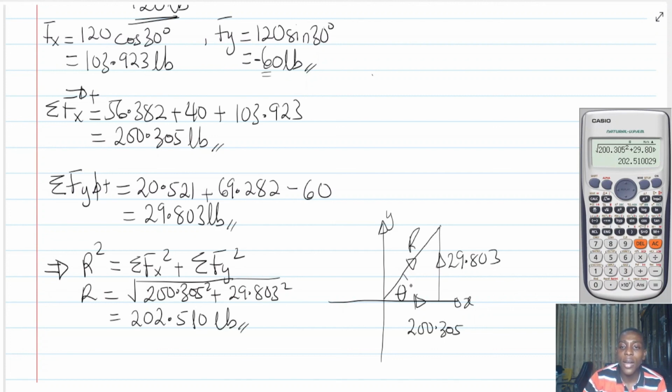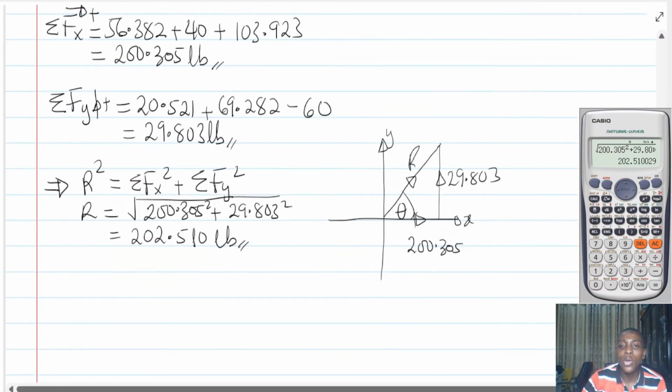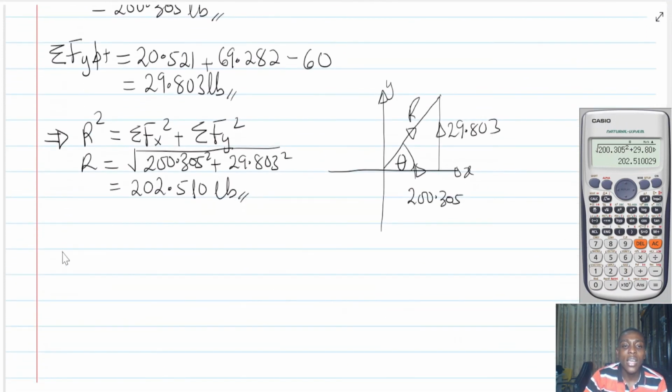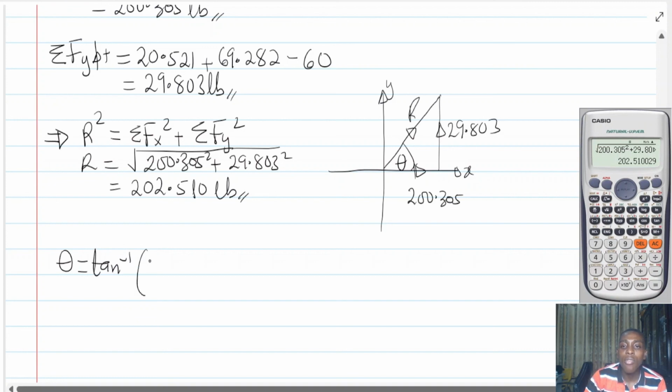And let's say the angle right here is the angle that the resultant makes with the positive x-axis. And this angle is going to be tan inverse of 29.803 divided by 200.305. And what is that?